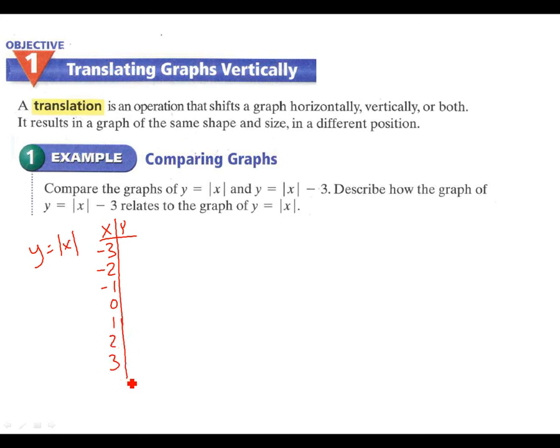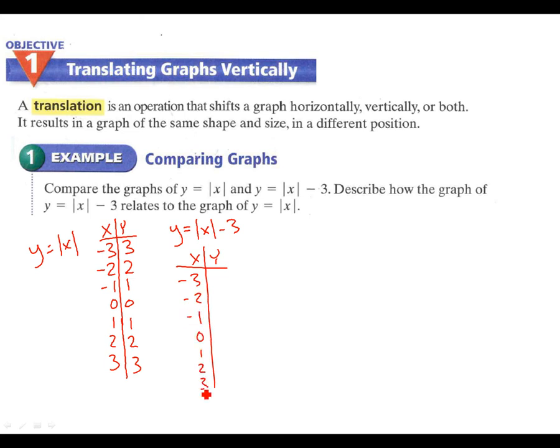So let's see, what's the absolute value of negative 3? 3. The absolute value of negative 2 is 2. Negative 1 is 1, 0, 1, 2, and 3. So that's my t-table. And now let me do a t-table for y equals the absolute value of x minus 3. Same numbers. X is going to be negative 3 all the way to 3.